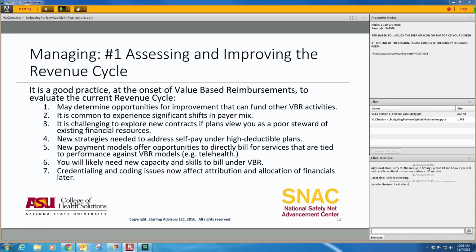And we've seen organizations that have really looked at their existing revenue cycle as a way of closing some of those gaps. It's also common at this time that you have either the opportunity or will be faced with the threat of a shifting payer mix. In some markets, certainly with Medicaid expansion, you'll see a large potential increase in your ability to generate cash.